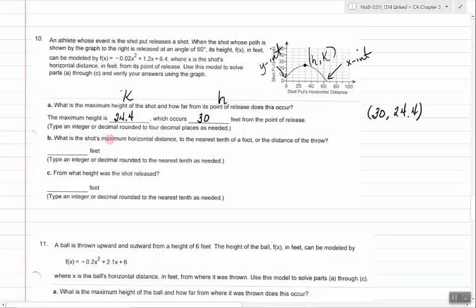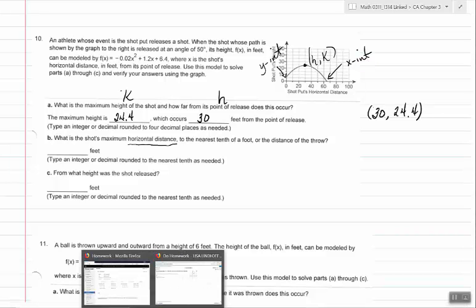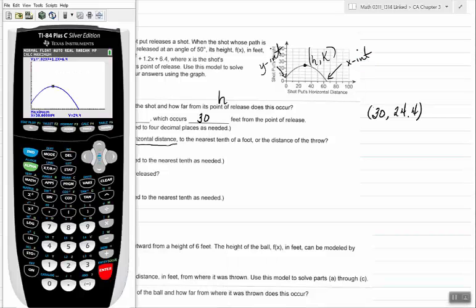What is the shot's maximum horizontal distance? All right, that's my x-intercept. Let's go back to y equals, go down, and put in 0. There it is. Second, calc, intersect, which is number 5.